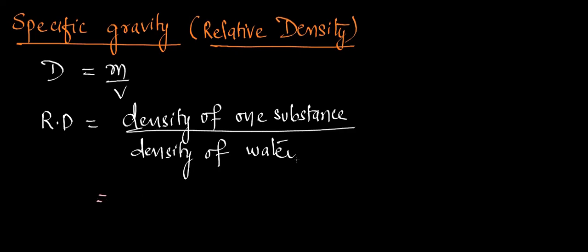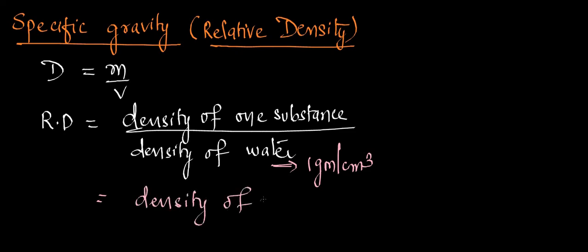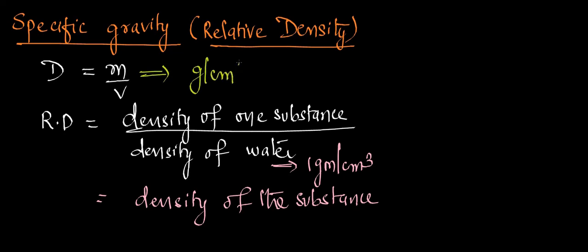Now when you take the density of water, its value is 1 gram per centimeter cube. So can I simply say relative density is nothing but the density of the substance only? Because density of water is equal to 1, so whether you keep it in the denominator or not, it will be the same, no? Then what is the difference? Density has units, gram per centimeter cube.